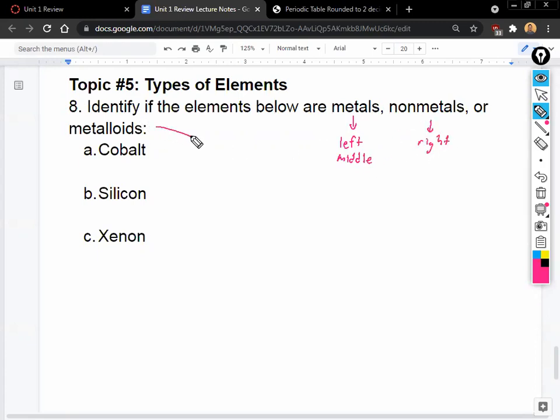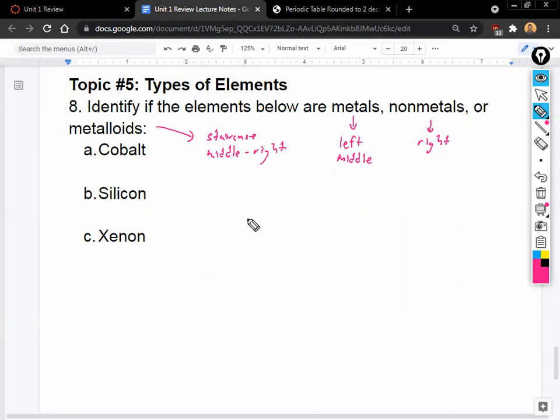And then the metalloids are kind of weird because they make like a little staircase down the middle, kind of right part of the periodic table. Okay, so you don't need to memorize all the metalloids or where things are, but as long as you know generally where they are, you should be good. So just know that metals are left and middle, and non-metals are to the right, and that should be a pretty good guideline.